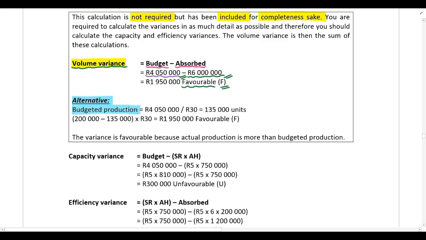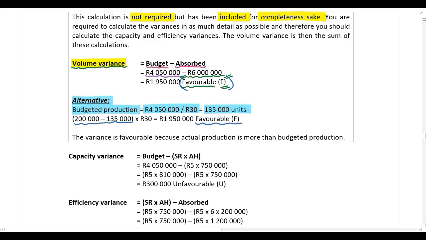So first, I calculate the budgeted production. So they budgeted to produce 135,000 units. They actually produced 200,000 units. So they actually produced more than what they budgeted to produce, and that's why this variance is favorable.